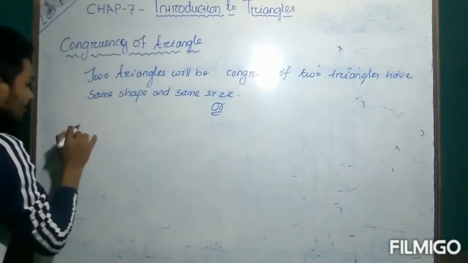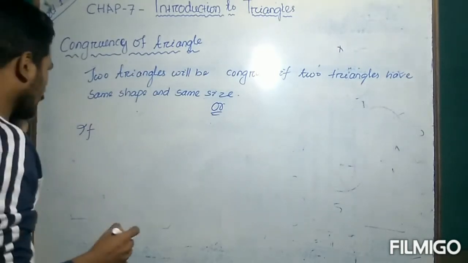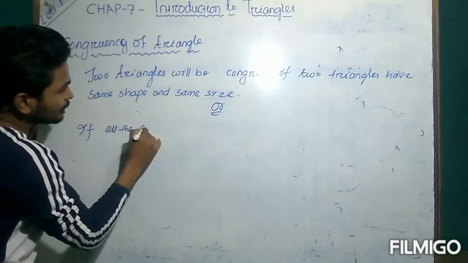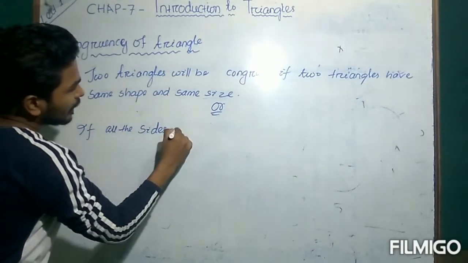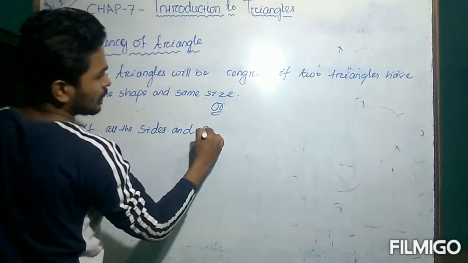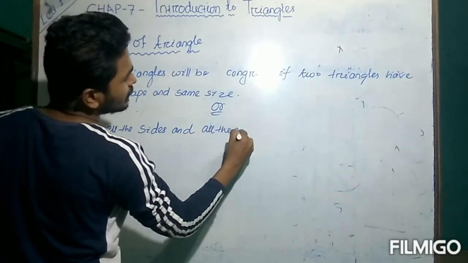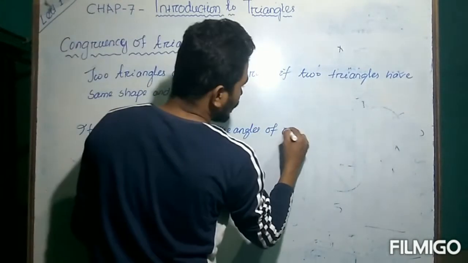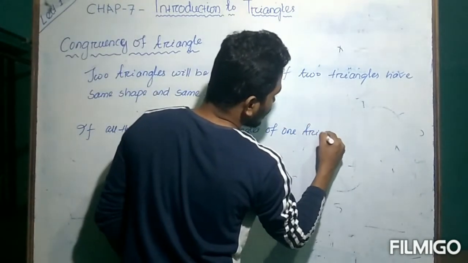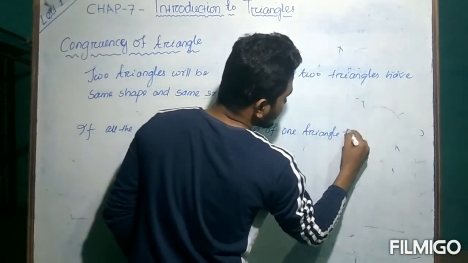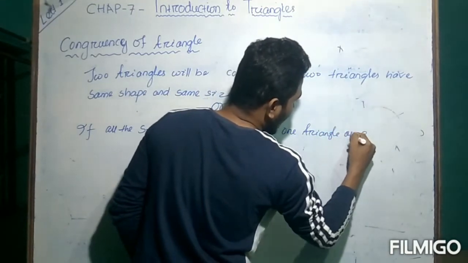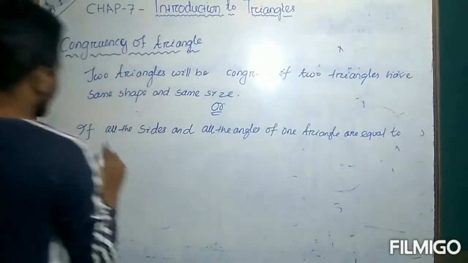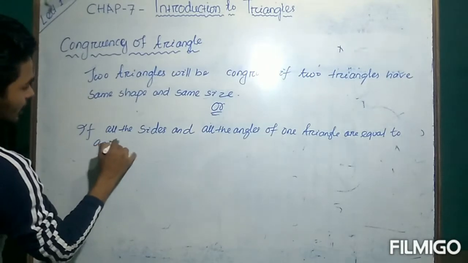See, if all the sides and all the angles of one triangle are equal to another triangle.